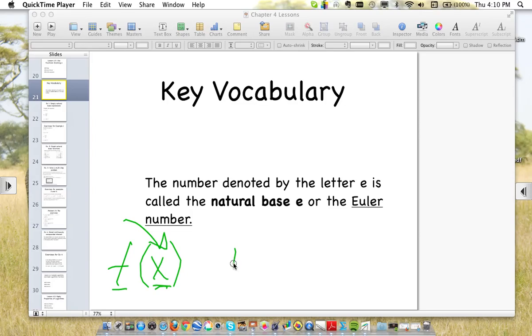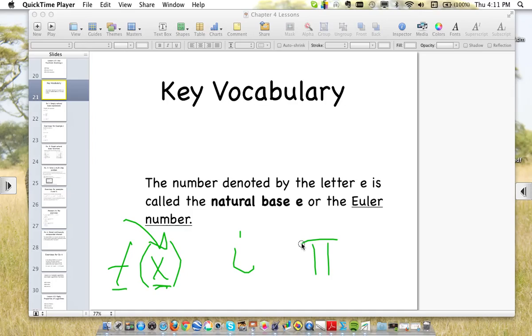Also, using the letter i to represent imaginary numbers. Now, he didn't discover imaginary numbers, but he is one of the ones to first start using the letter i. He wasn't the first to use pi to represent the ratio of a circle's circumference to its diameter, but he did popularize it in the 18th century.